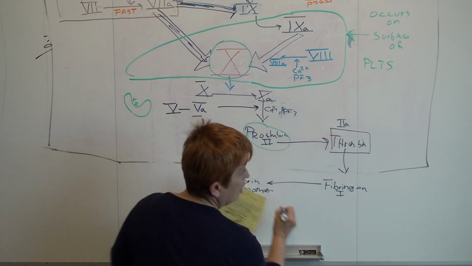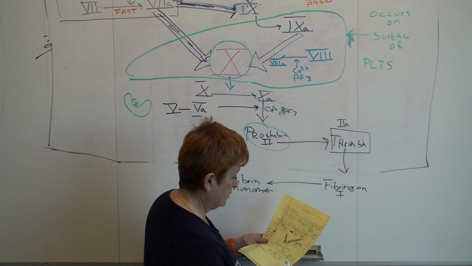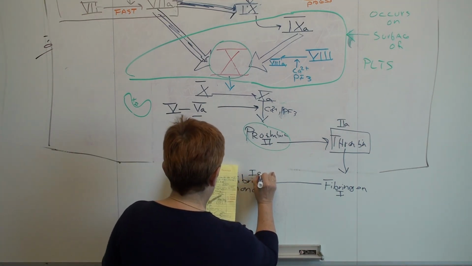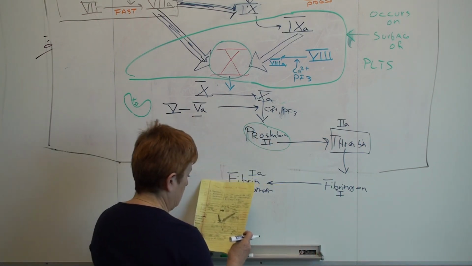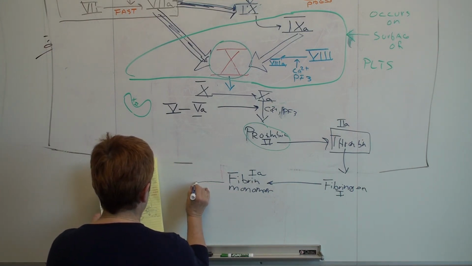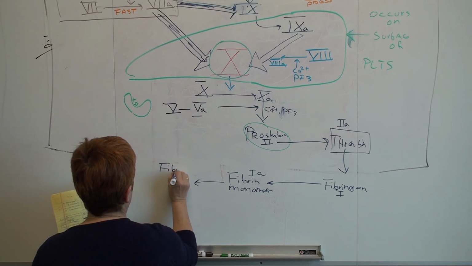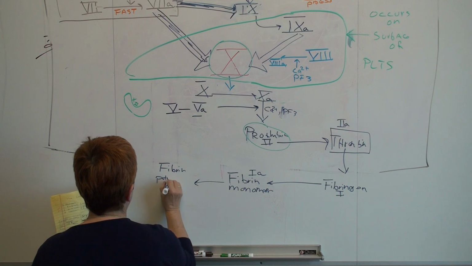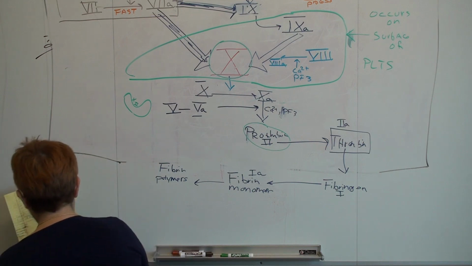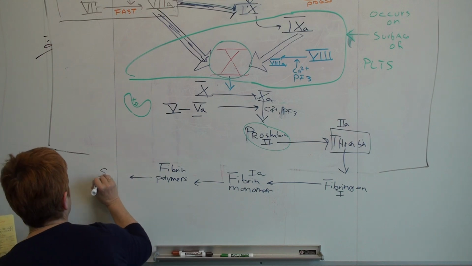And I'm going to talk all about these monomers when we talk about this. Okay. So that's 1A, fibrin monomers. Now, your fibrin monomers are going to go to fibrin polymers, and then we finish with a stable clot.